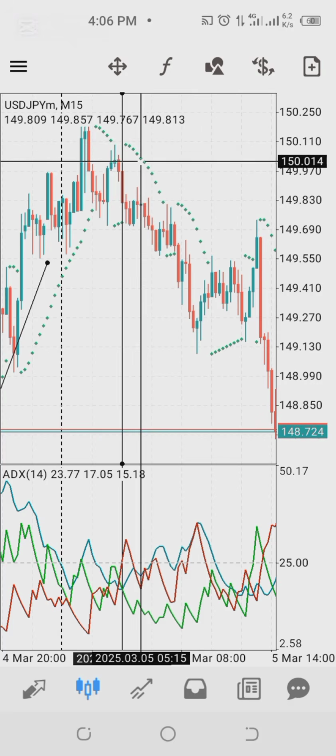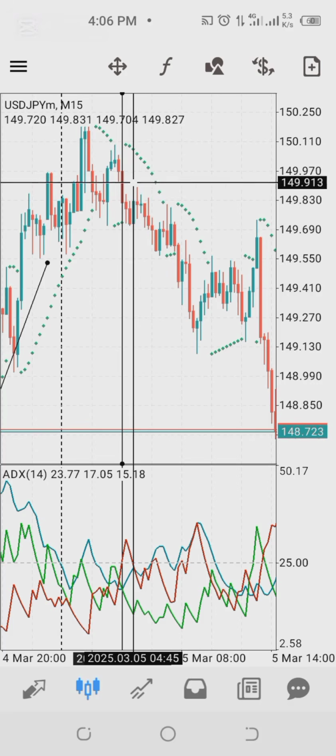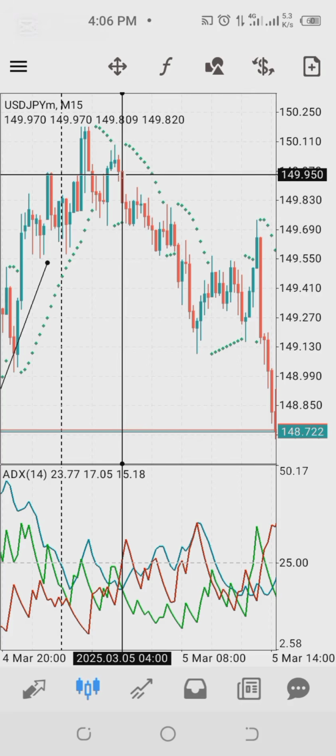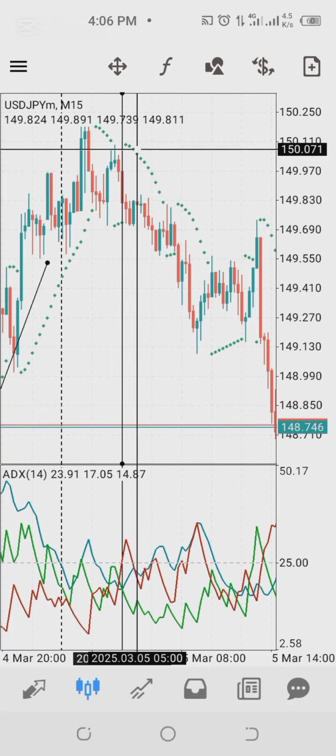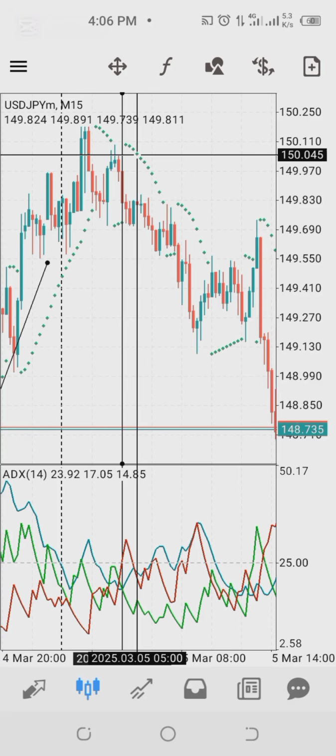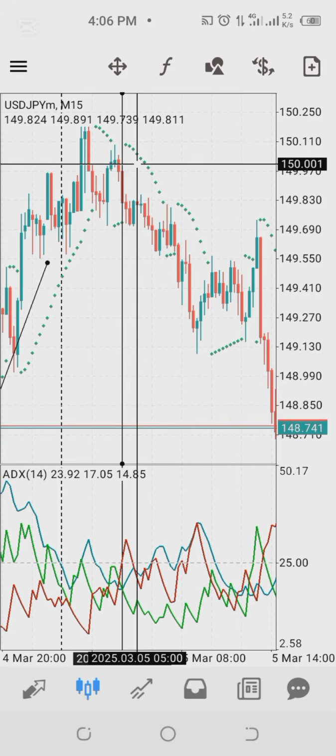But in all, just ensure that from where you made your entry, your stop loss is not more than 10 or 12 pips. The maximum is 15 pips, but it shouldn't even be up to 15 pips, because it's a very powerful strategy that also gives you a very, very low risk.